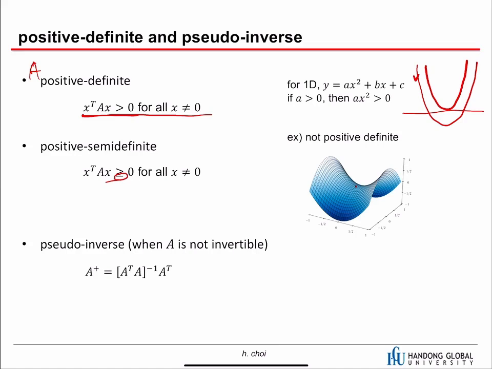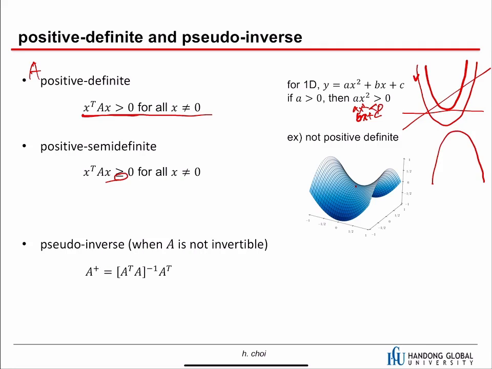If a is 0, then y is bx plus c, which means just linear. There's no curvature. There's no curved area. It's just a straight line. If a is negative, then ax squared is negative, which means we have this shape.